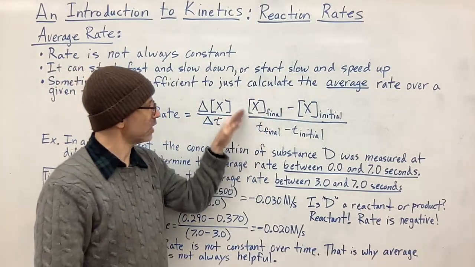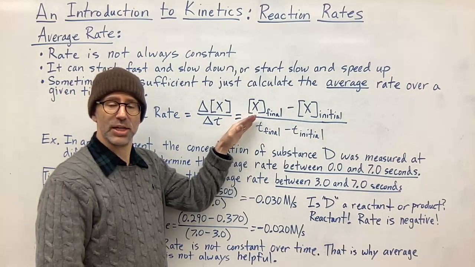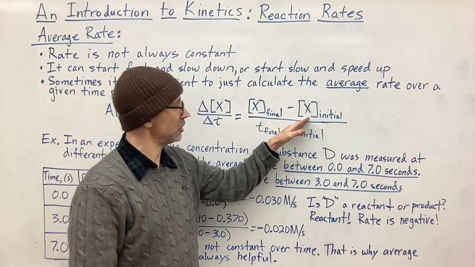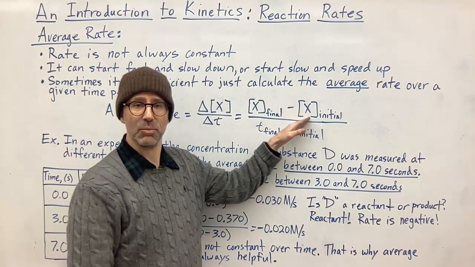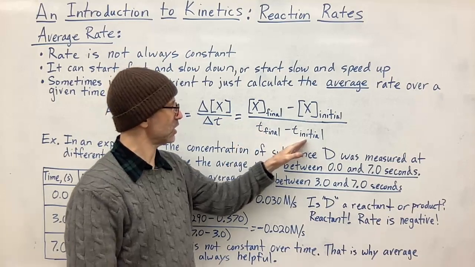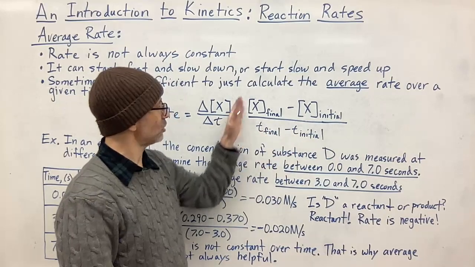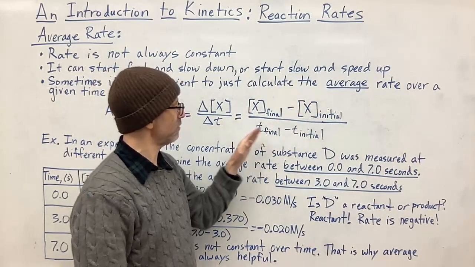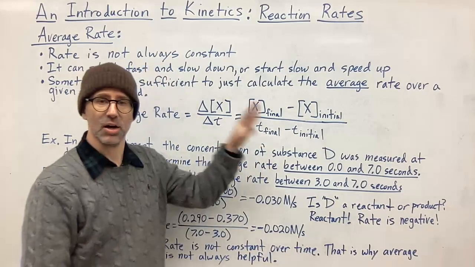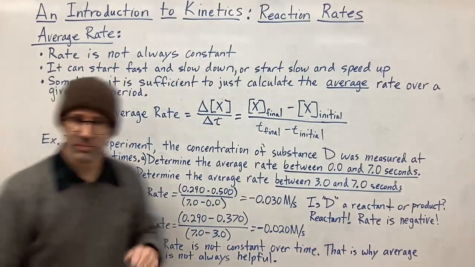So you measure what the final concentration is at a particular time, and then what the initial concentration was, and then it's going to be divided by the final time minus the initial, so the change in time. So it's going to be the change in the concentration divided by the change in the time of that reaction measurement. Okay, so here's an example.